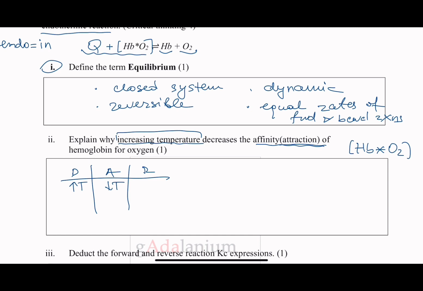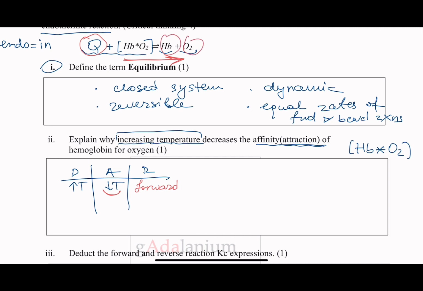So in order to decrease the temperature, I need to go to the forward side, right? Because if I go backward, I will release more heat, which is not the one I'm looking for. I need to decrease the temperature, so I'm going to go forward. There's less temperature there, so it's going to go forward. And in the forward reaction, what do you see as a product?